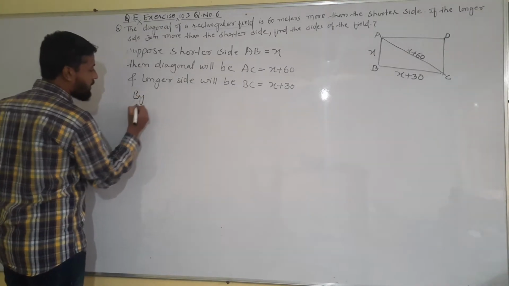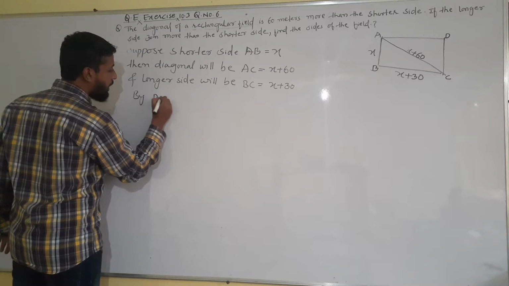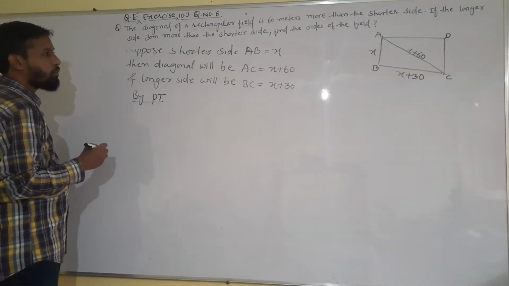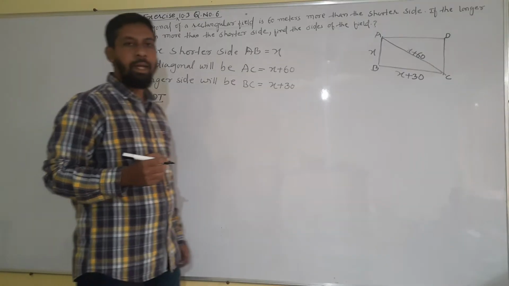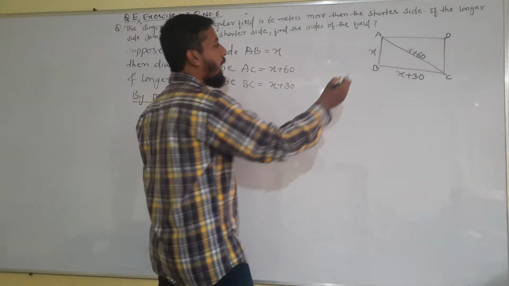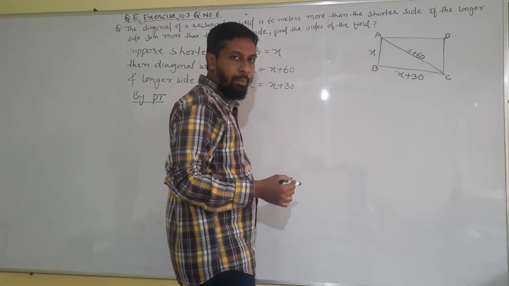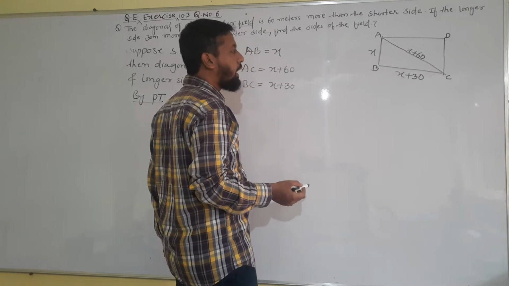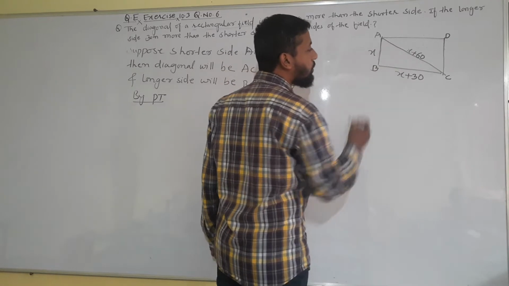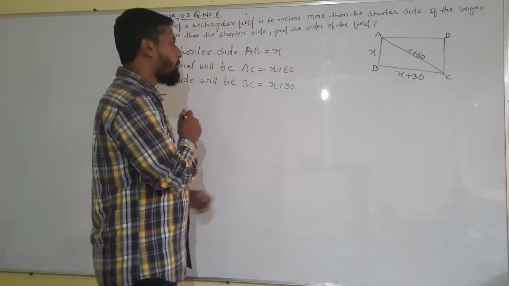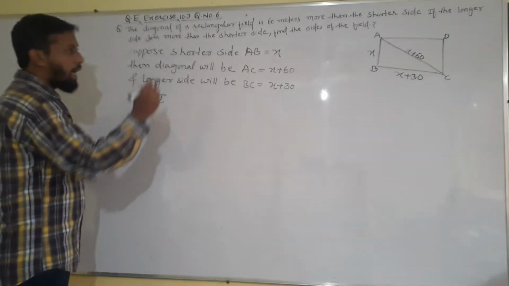By Pythagoras theorem. And we all know what is Pythagoras theorem. Hypotenuse square is equal to base square plus opposite square. Okay, I am writing hypotenuse.